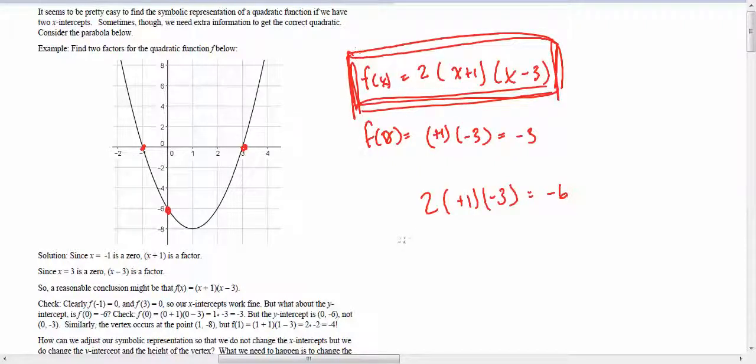It kind of looks like the same thing as this, but the difference is it needs to be a little bit steeper, a little more stretched out vertically. This graph up here would look kind of like this. It would go through that point and over here.